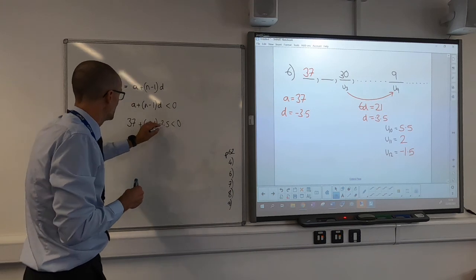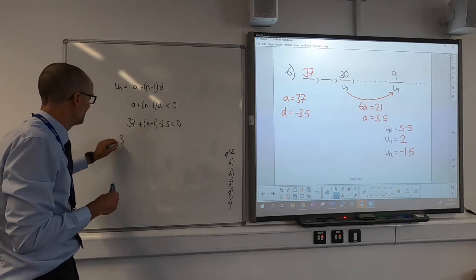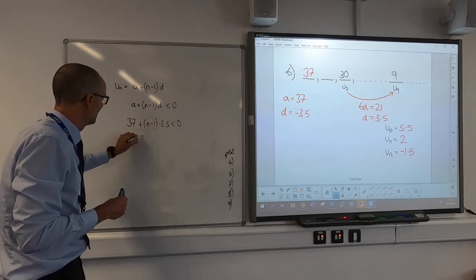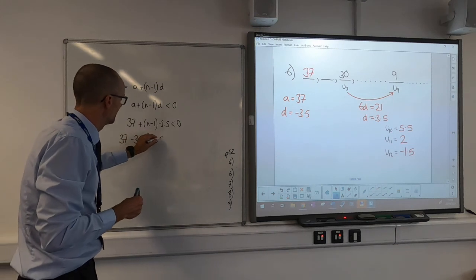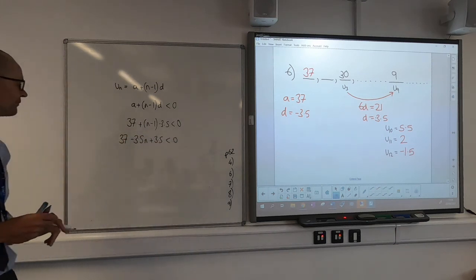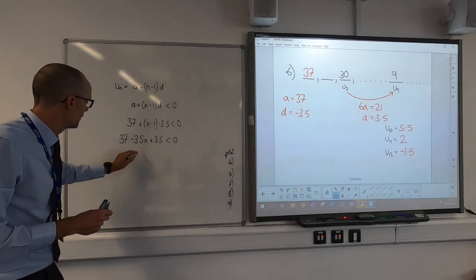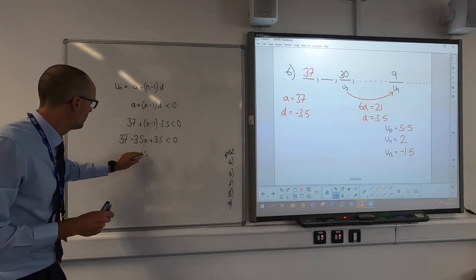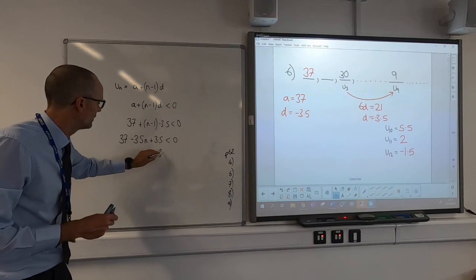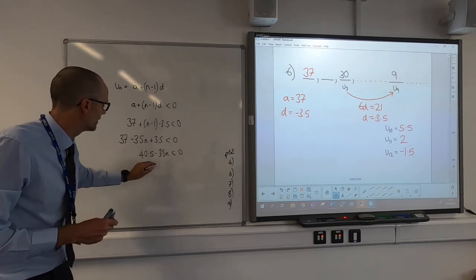That looks dreadful, doesn't it? But it's that times that, so I'm going to quickly multiply that out before anyone notices. So I've got 40.5 minus 3.5n is less than 0.